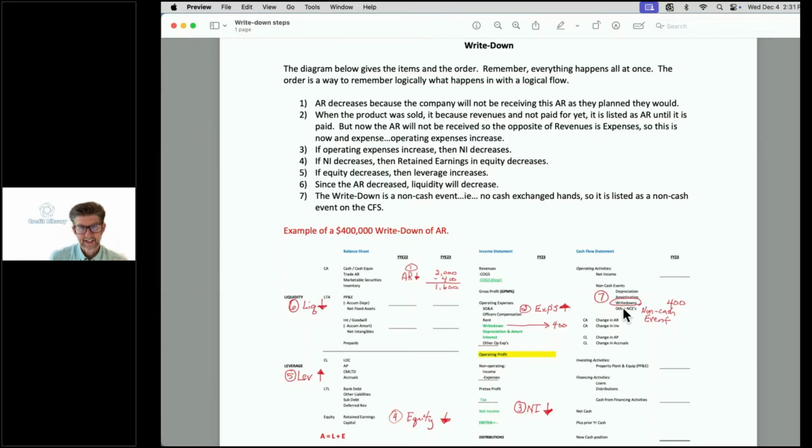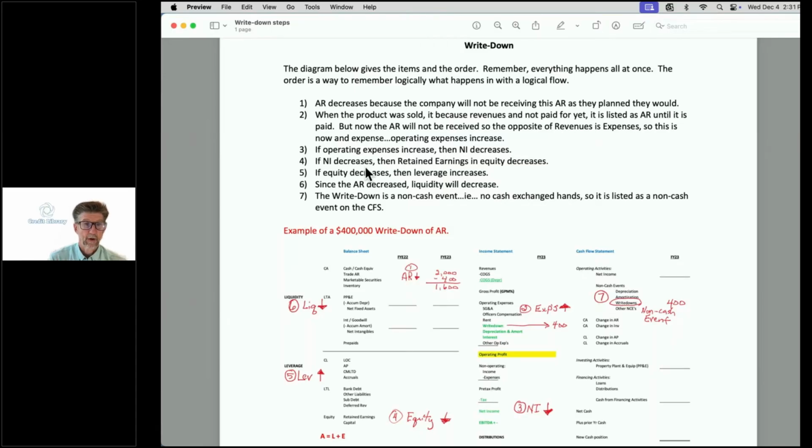So there's 7 steps, but that little swirl looks like a 6. Helps to memorize the process, but each step is broken out here. So that's a write down, and I also included impairment of inventory, a little way to connect an impairment the same way as a write down of inventory and of equipment as well.